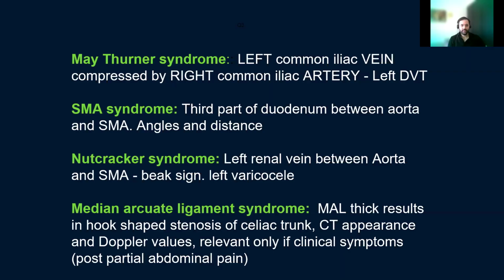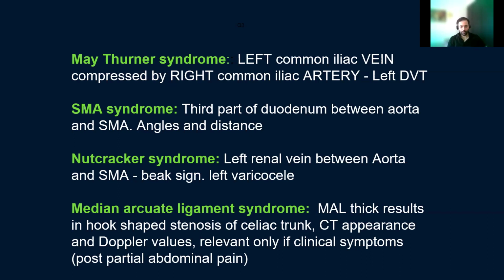What qualifies as the syndrome is when the patient has clinical symptoms because of that. For example, you have postprandial pain, a median arcuate ligament thicker than 6 millimeters, and post-stenotic dilatation of the celiac artery. Whenever there is a hook-shaped narrowing of the celiac artery, there is post-stenotic dilatation.